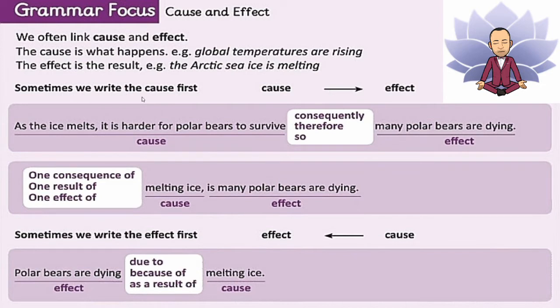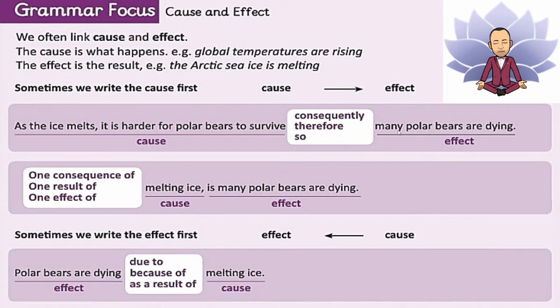Sometimes we write the cause first, then the effect. As the ice melts, it is harder for polar bears to survive. This is the cause. And we can use these connectors: consequently, therefore, so, many polar bears are dying, and this is the effect.